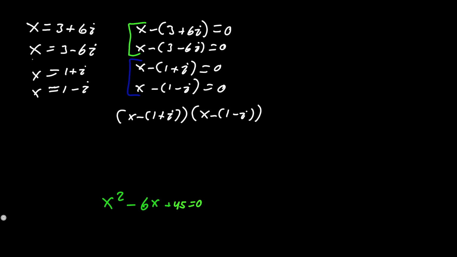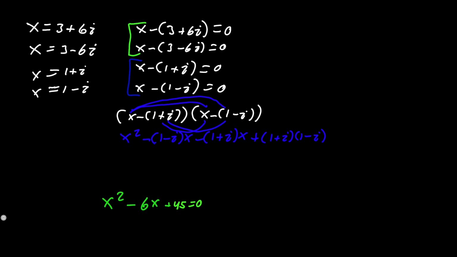Expanding the expression, we end up with x squared, since x times x is x squared, and x times negative 1 minus i, that is minus 1 minus i x. And similarly, we have negative 1 plus i times x, and we have plus 1 plus i times 1 minus i.